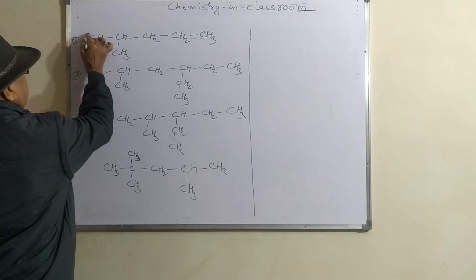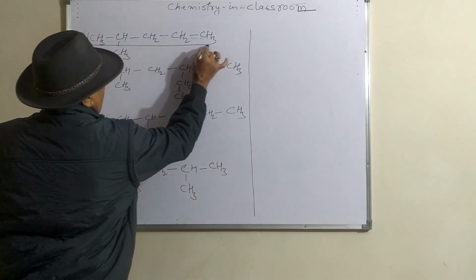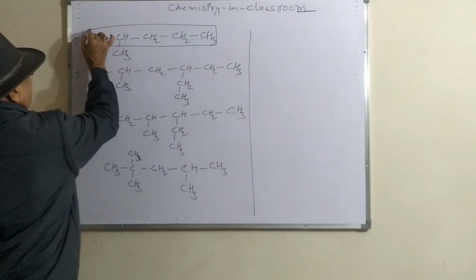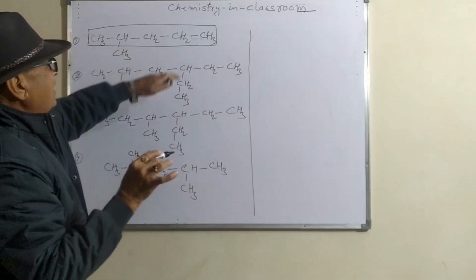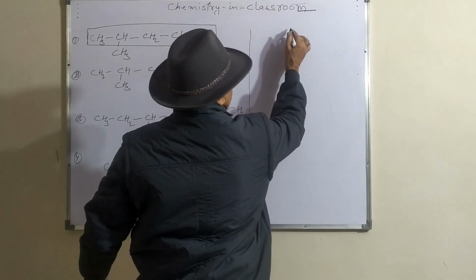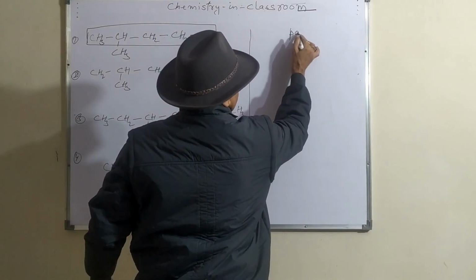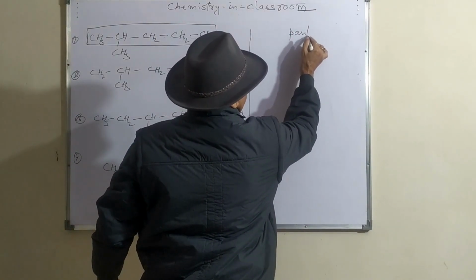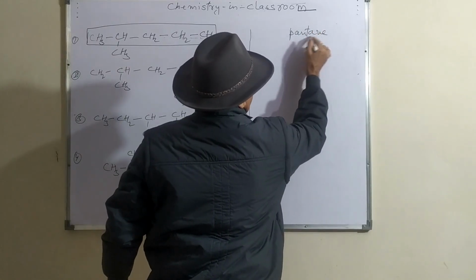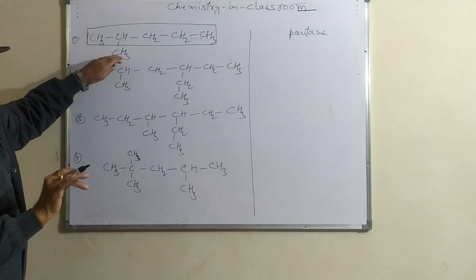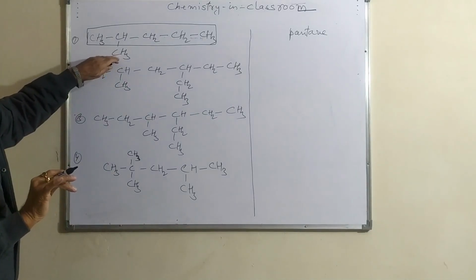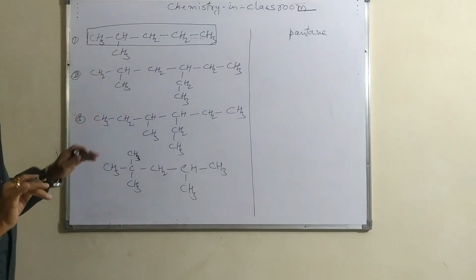You have selected the longest chain of the compound. The longest chain has 5 carbon atoms, so the parent name of the compound will be pentane. Now you have to show the location of the CH3 group, the methyl group.